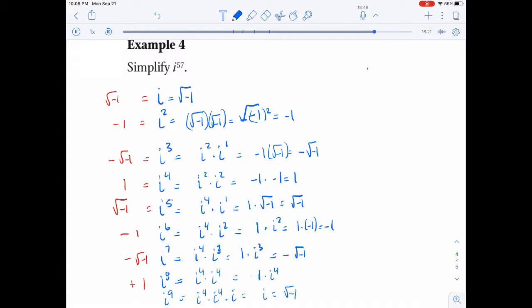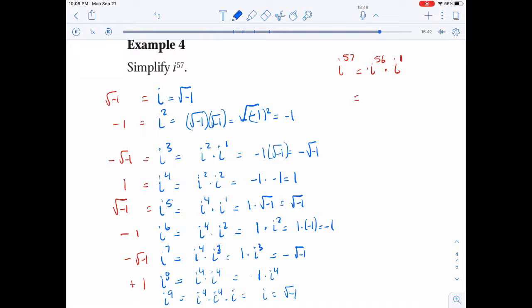So when we simplify i to the 57th, we can analyze that as i to the 56th multiplied by i to the first, because i to the 56th is a multiple of i to the fourth, and i to the fourth was merely 1.